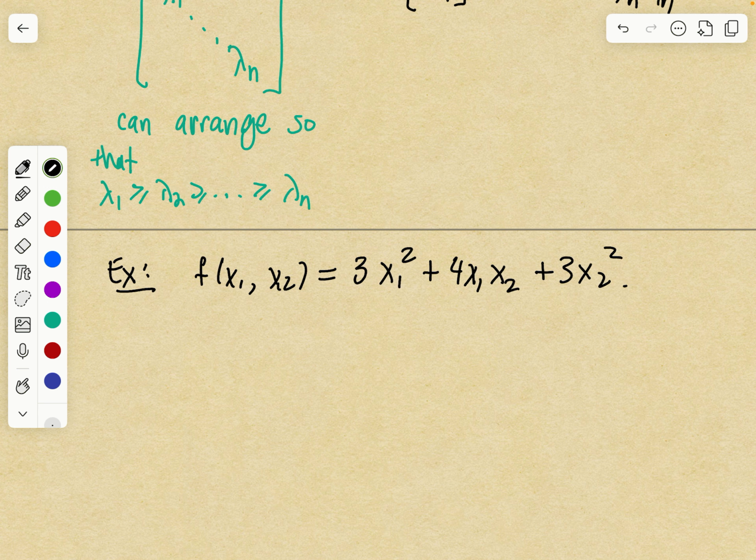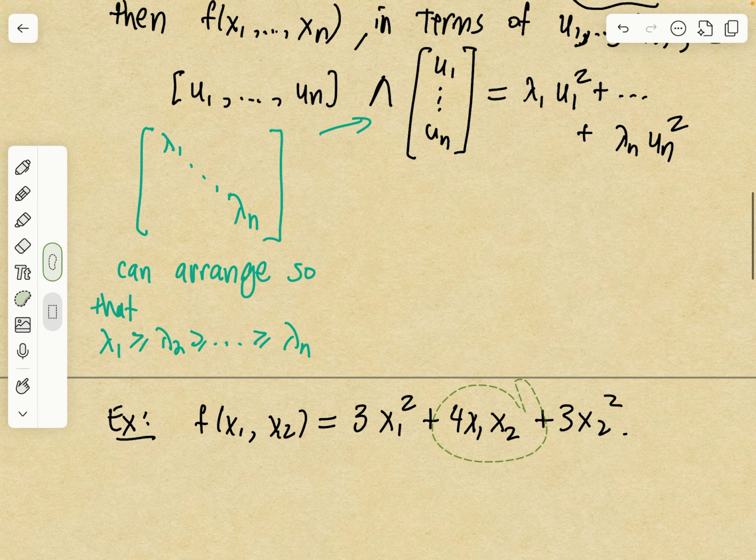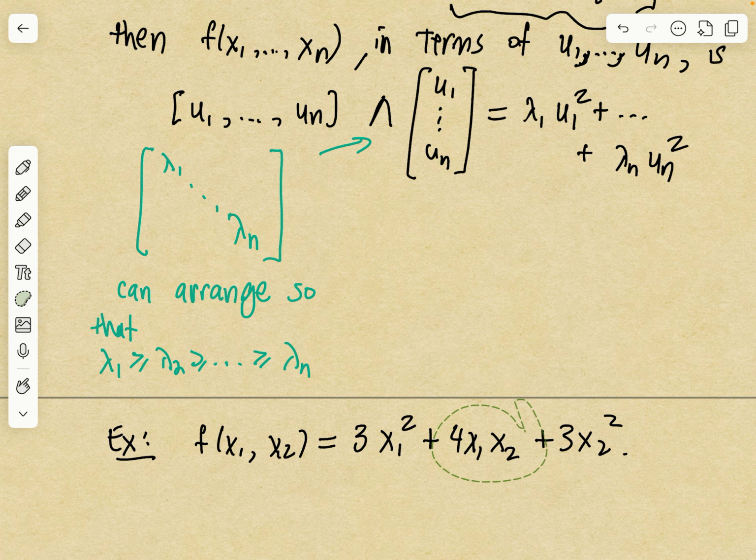And let's try writing the quadratic form using two new variables without these so-called cross terms, right? You see that here, we don't have anything like u1 times u2 or u3 times u4 or anything like that. Each of the variables are separate.